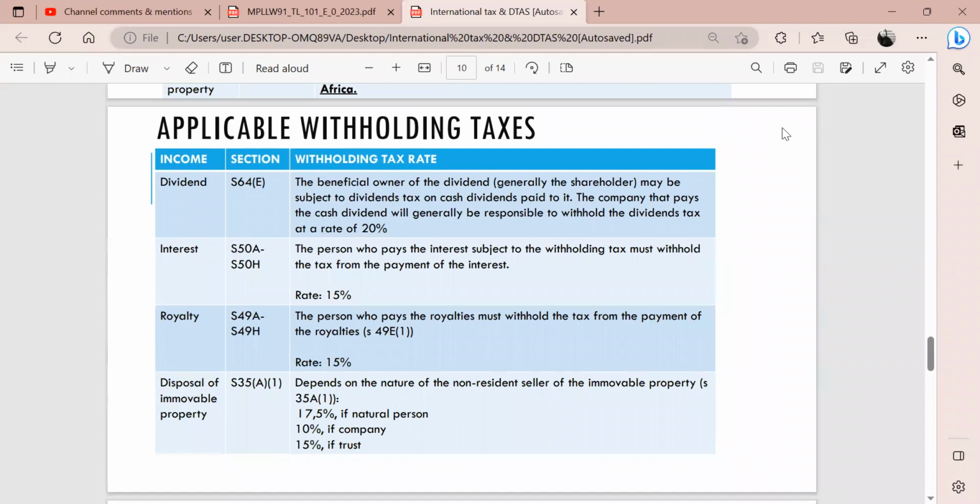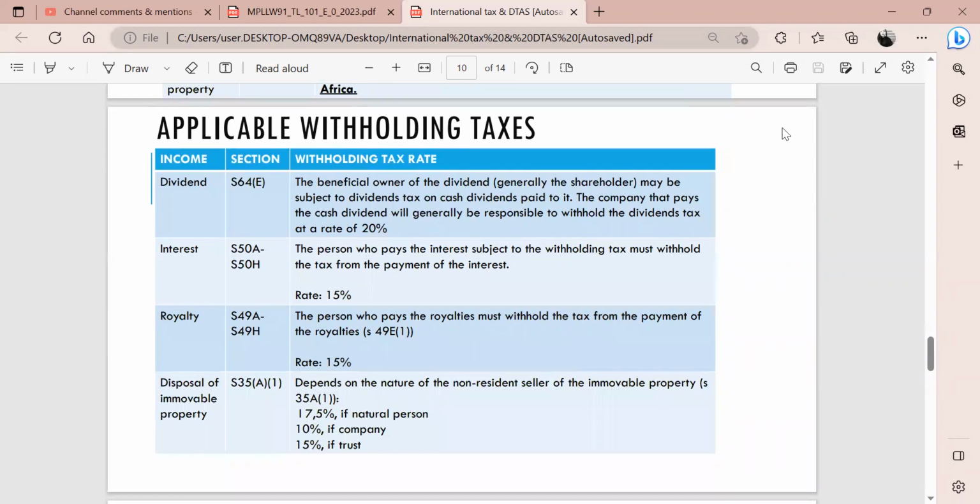Step number 3. Now we need to identify the applicable withholding taxes. Remember, step number 1, identify the resident status of the taxpayer. Are you dealing with a resident? Are you dealing with a non-resident?